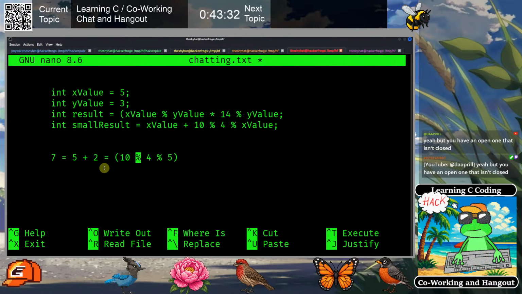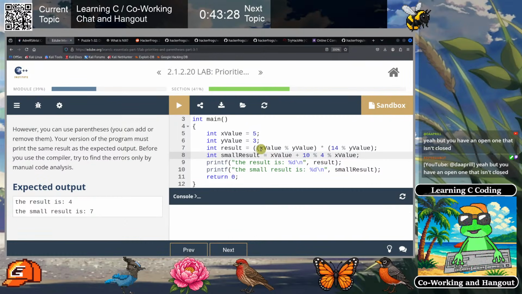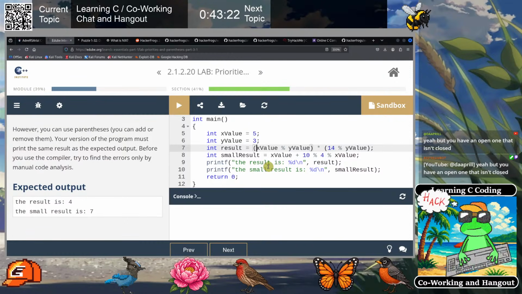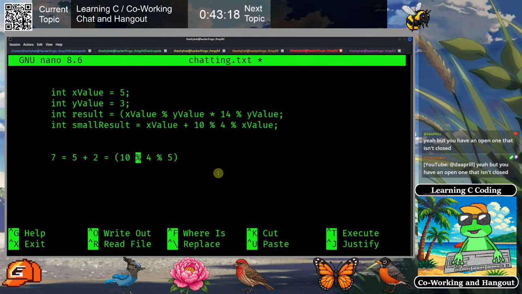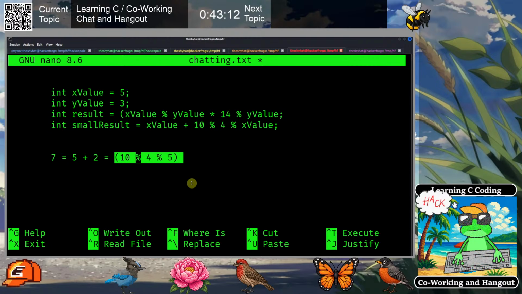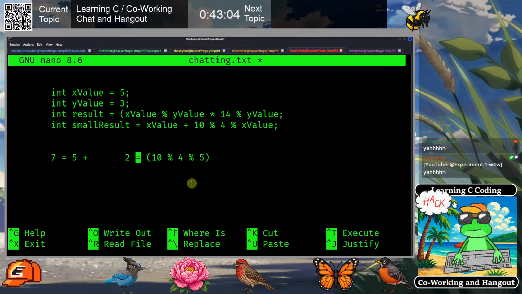You have an open one that isn't closed. You mean up here? Oh yeah, you're right. So we just need to remove this. Thanks for letting me know about that. Okay, so we need to find a way for this part of the thing to equal 2.